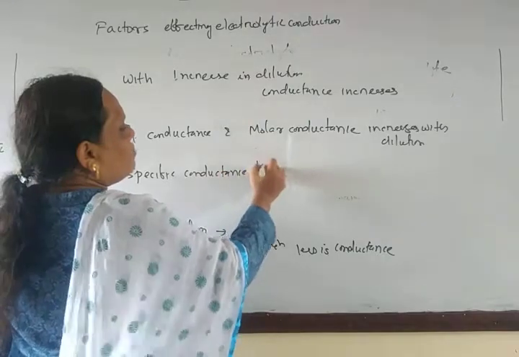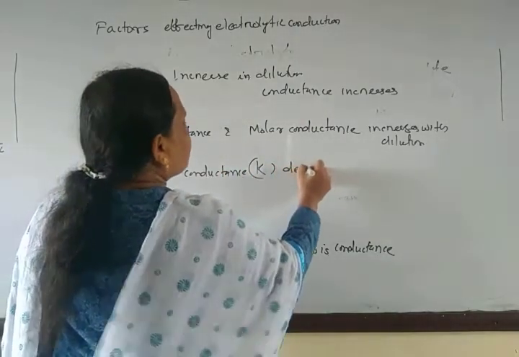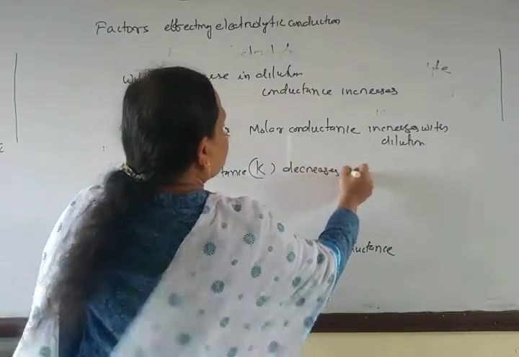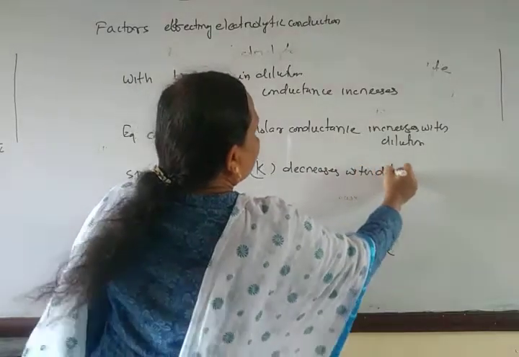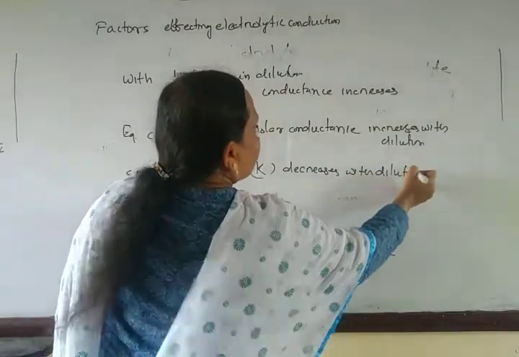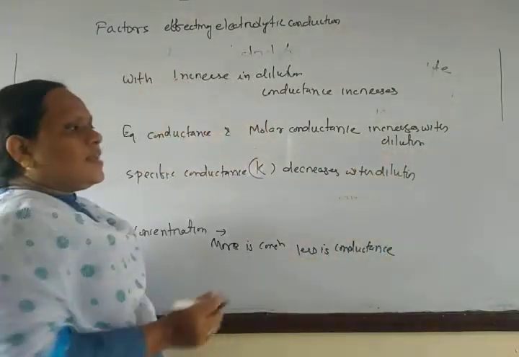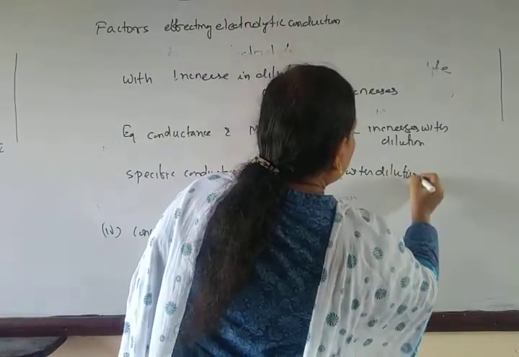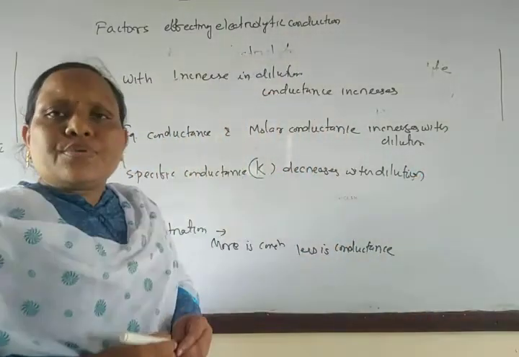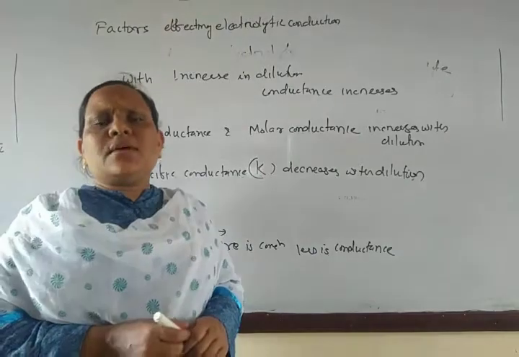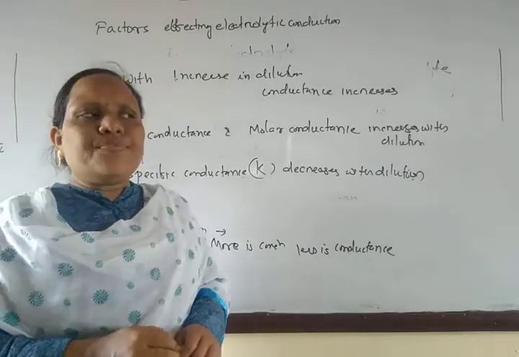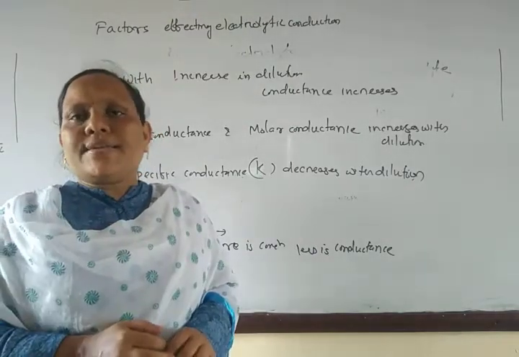that is our kappa, decreases with dilution. Why? Because the specific conductance is the conductance of 1 ml of electrolytic solution.